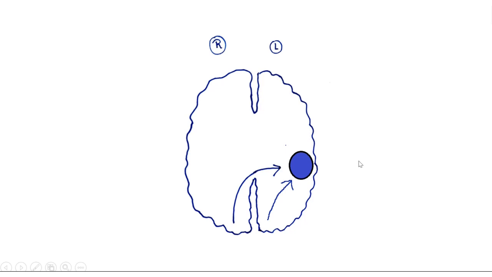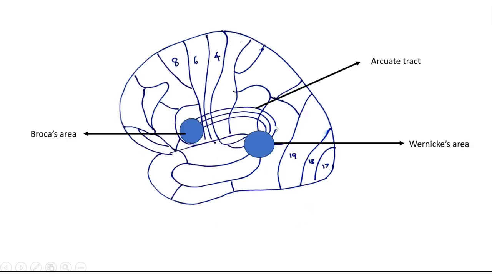Now the other thing we have to know is about agraphia without alexia. I don't know how many of you have heard about Gerstmann syndrome, which usually occurs when the dominant inferior parietal lobe is involved. What happens when the dominant parietal lobe is involved is that the angular gyrus gets involved. Since the angular gyrus is considered the center of writing, the patient is able to comprehend but he cannot write.